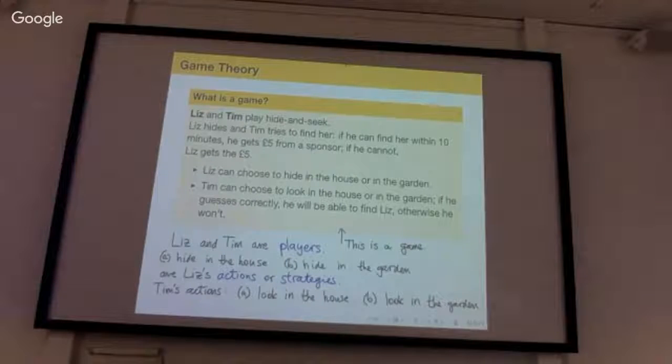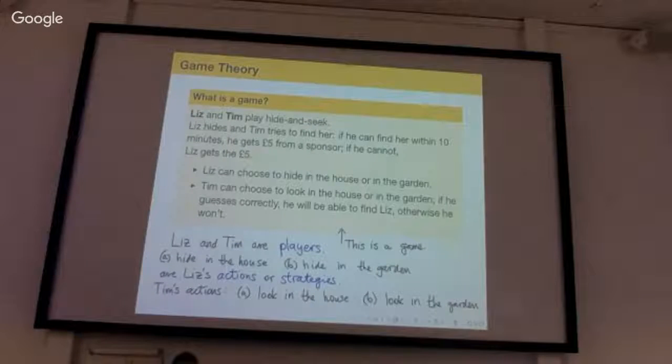We have to know what the players want as well. Okay, so for example, if Liz hides in the house and Tim looks in the house, that's one possibility. Another one is Liz hides in the house and Tim looks in the garden.